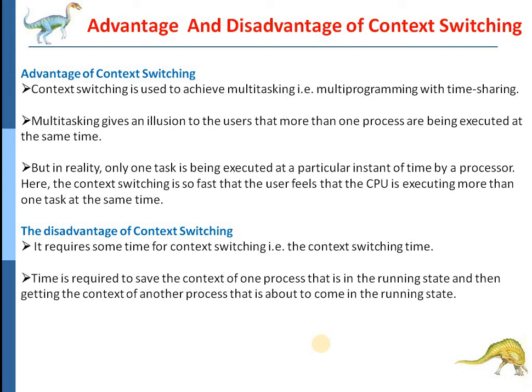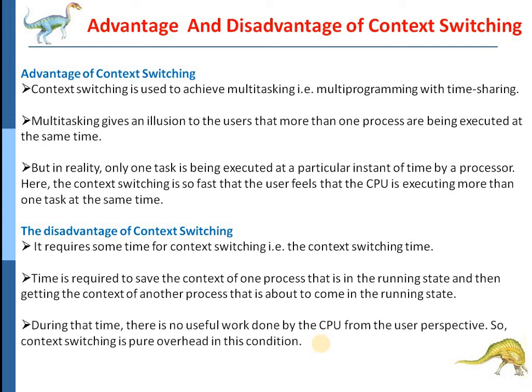So the old process requires saving its state in its PCB, and at the same time the new process is reloaded on the CPU from its PCB, so it takes some time. During that time there is no useful work done by the CPU from the user perspective, so context switching is pure overhead in this condition.